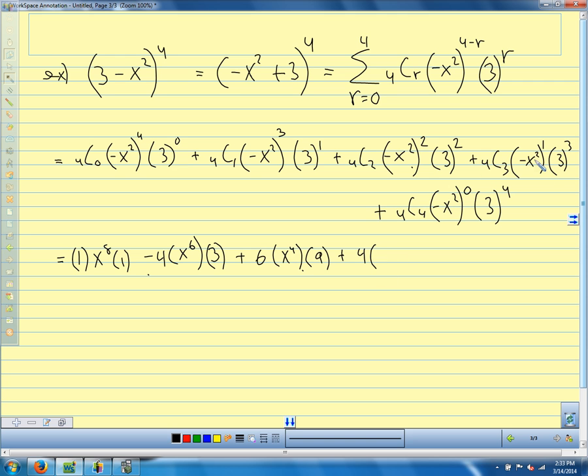And then I get a minus x squared to the 1st, so this turns into a minus sign. x squared, and then 3 cubed is 27. And then 4 choose 4 is 1. And x squared to the 0 is 1. And then 3 to the 4th is 81.